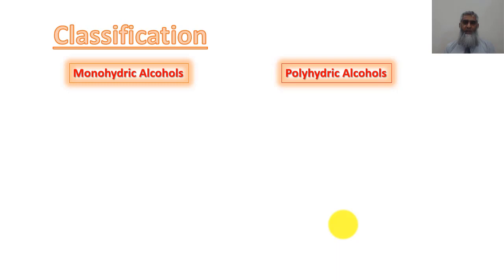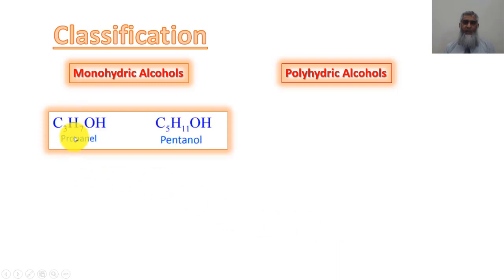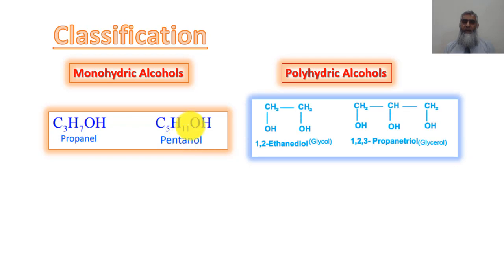Let me have some examples of these alcohols. Methanol, ethanol, propanol, butanol and pentanol. They are the examples of monohydric alcohols because there is only one OH group in alcohols. If there are more than one OH groups in alcohol, they are called as polyhydric alcohols.